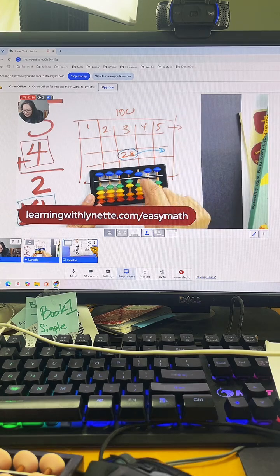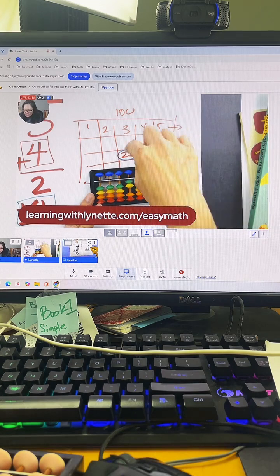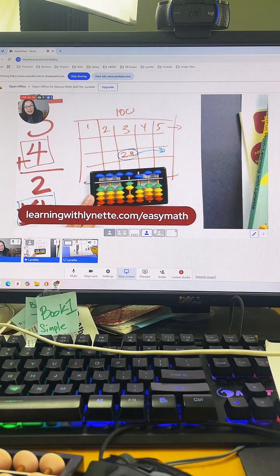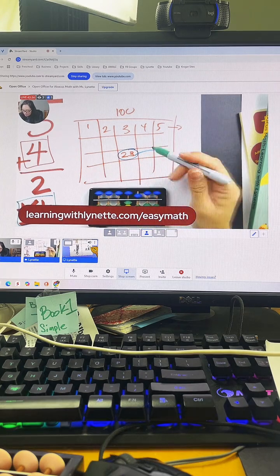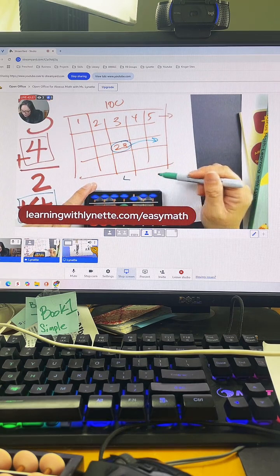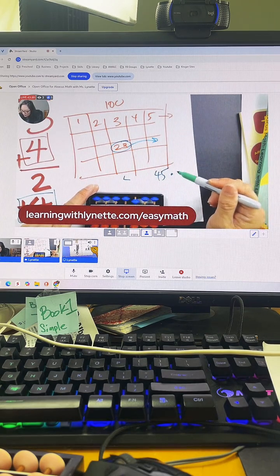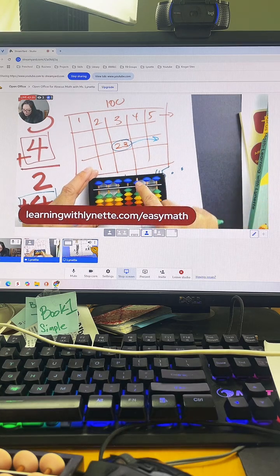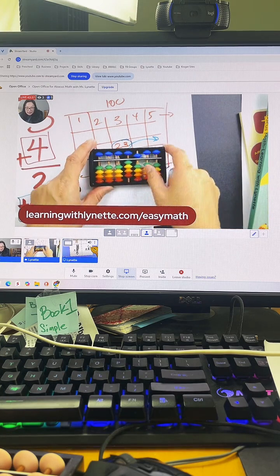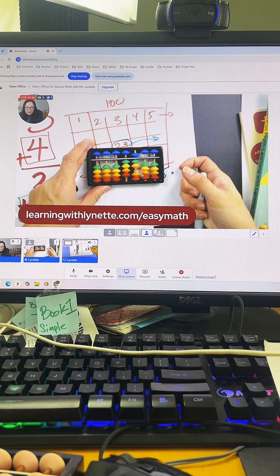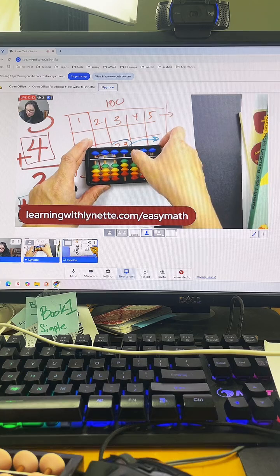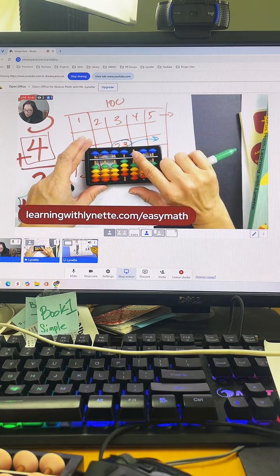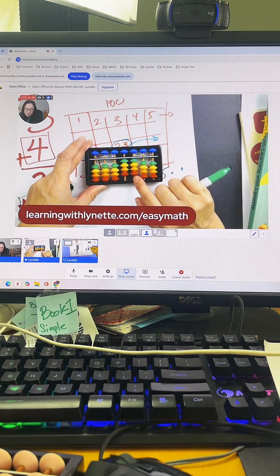Numbers are symbols, and not all symbols make sense. The abacus can also grow with them, because you can actually do multiplication and division. But the idea here is that you pick a number on the abacus and use it to help them count on. If I did 45, what's after 45 and what's before 45?